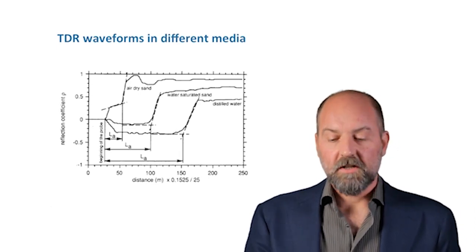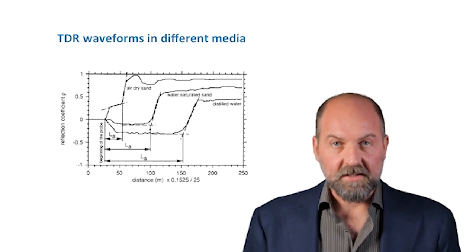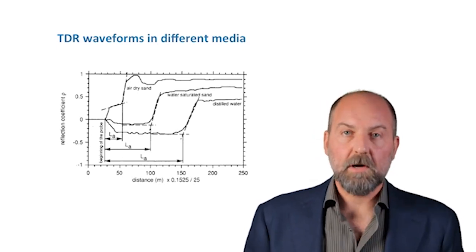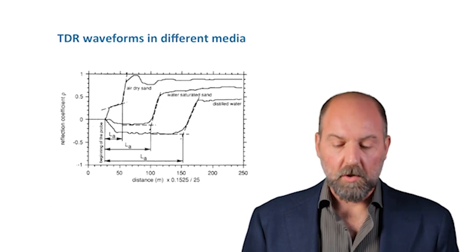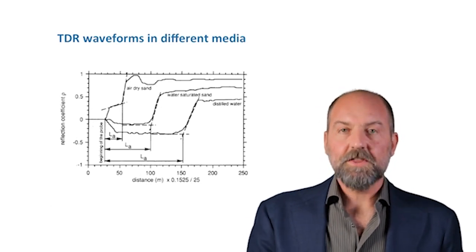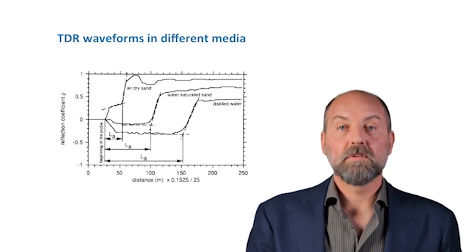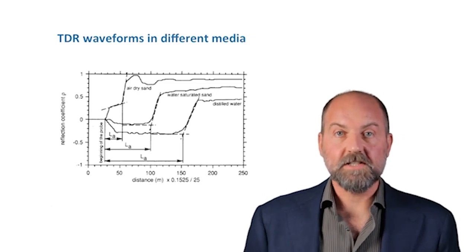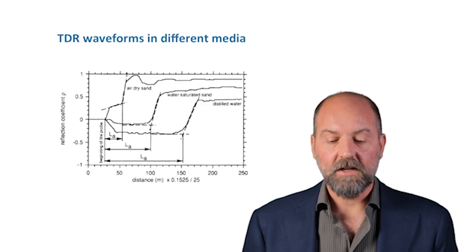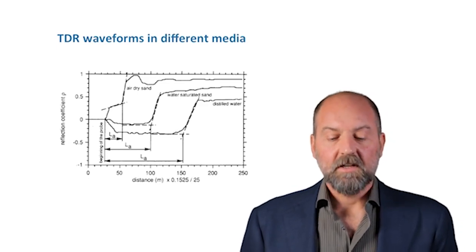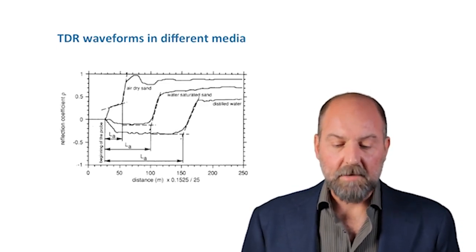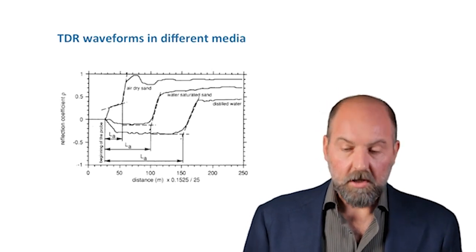And the third TDR signal corresponds to pure water. And so you can see that as the dielectric permittivity of these three systems becomes higher and higher, the travel time, also indicated here with the L sub A, becomes longer and longer.